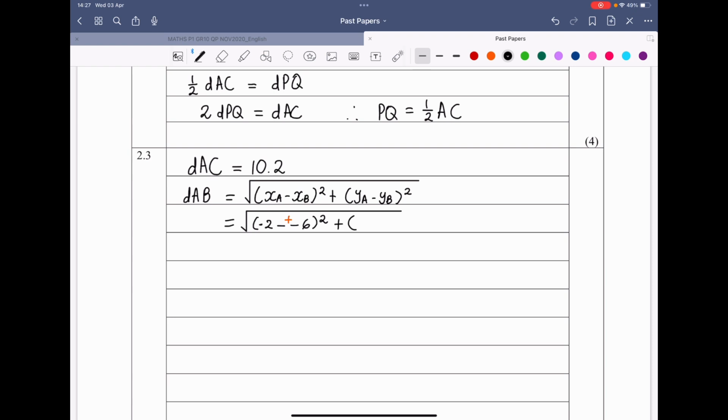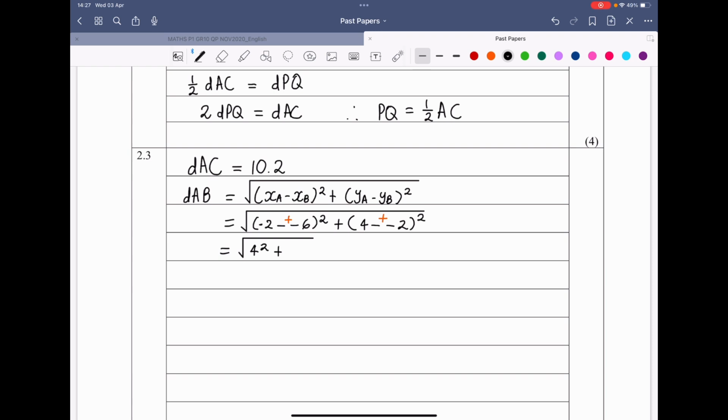Plus, then the y coordinates, the y of A was 4 minus, and B was minus 2. And that's also going to become a plus. And this is all squared. So in the first bracket, I'm going to have negative 2 plus 6, which is 4, squared.